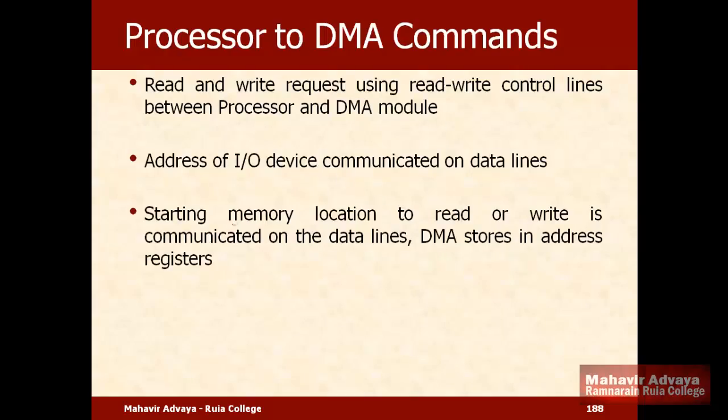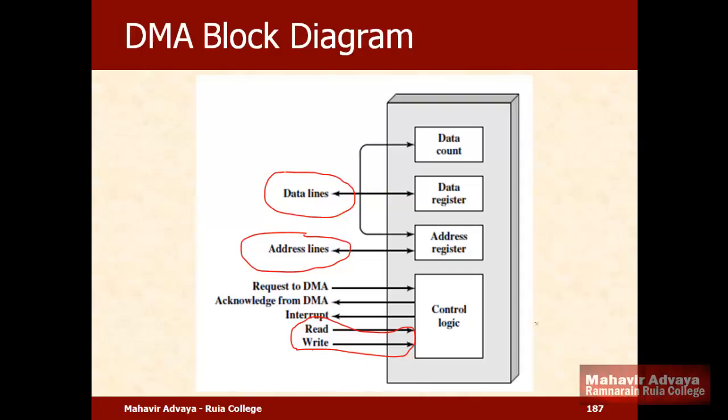The processor provides the starting memory location of the data to be read or written on the data lines, and the DMA stores the address in the address registers. So this is how these registers play an important role. Address registers store the address of the input-output devices. Data lines carry the data from the input devices to the memory.